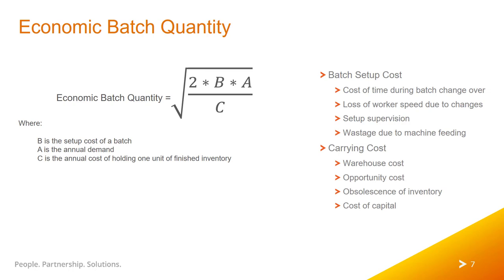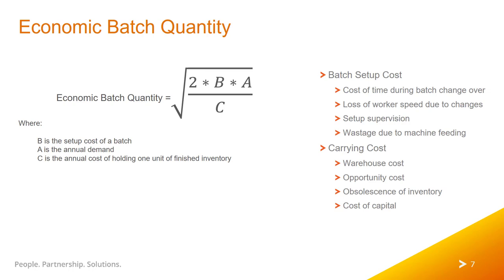But similarly, we have a carrying cost. So of course, there's the cost of the warehouse divided by the amount of items in it, and maybe an opportunity cost because the same space can't be used for something else.